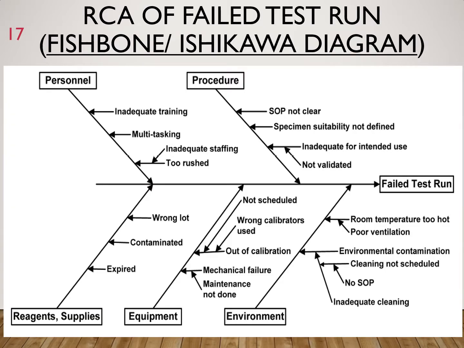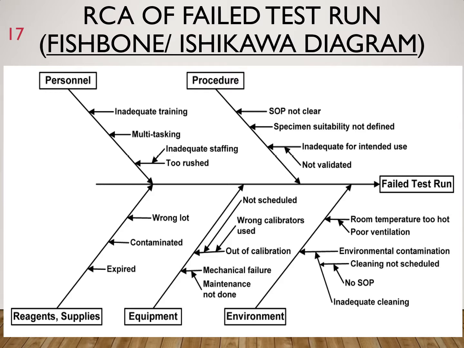RCA of a failed test run. A popular technique used for root cause analysis is to prepare a fishbone or Ishikawa diagram. Here, the factors involved in running a test are put down as the spokes of the fishbone. As seen in the image, personnel, procedure, reagents or supplies, equipment, and environment are the factors influencing a test run.